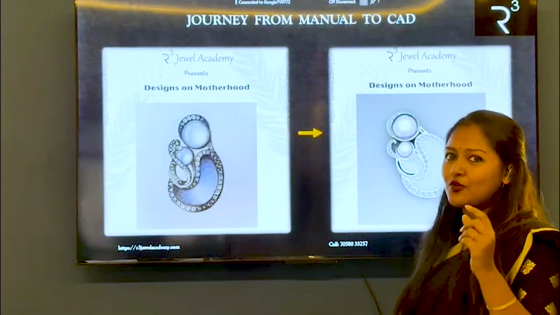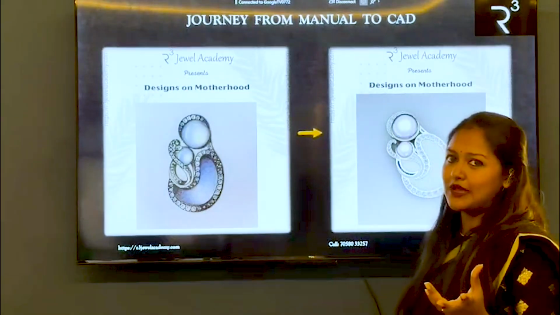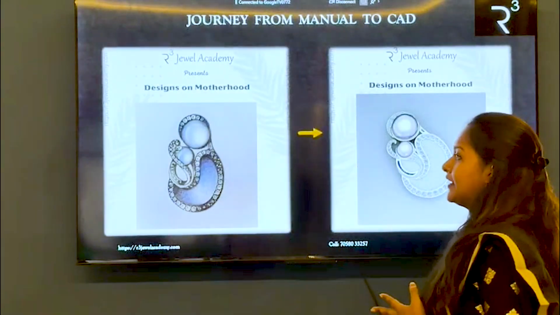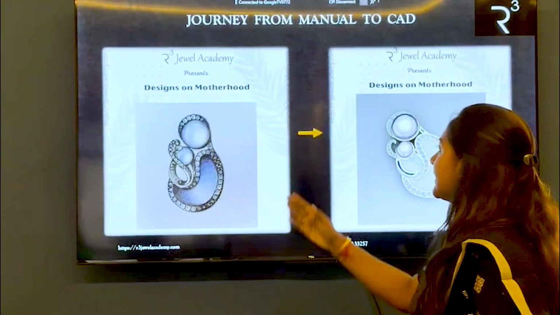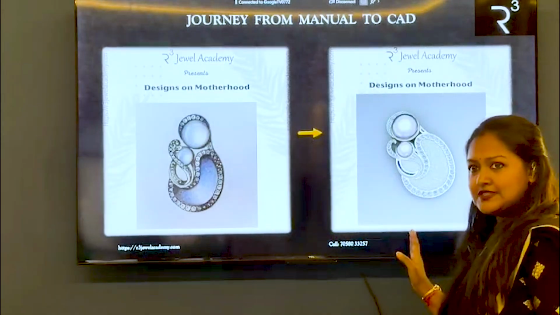A mother's love is always extremely pure as white. So the color white here, we had used white pearl, white diamond and white gold with different types of textures. This is a manual design and this is the CAD conversion of the same.